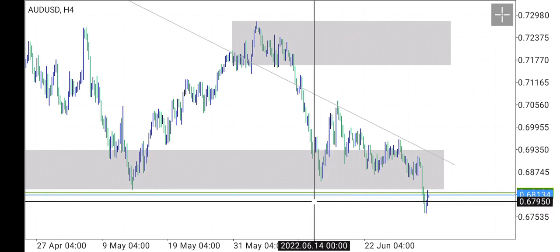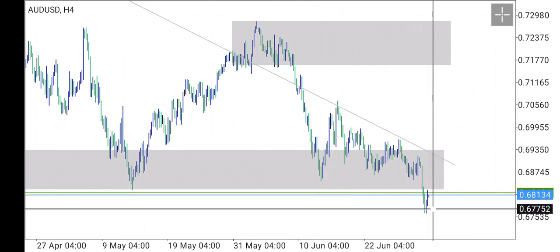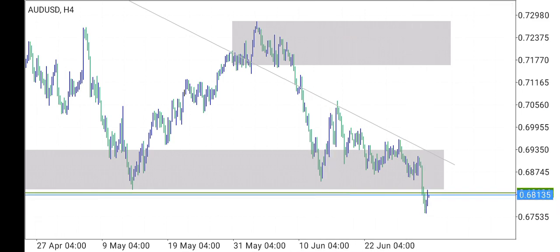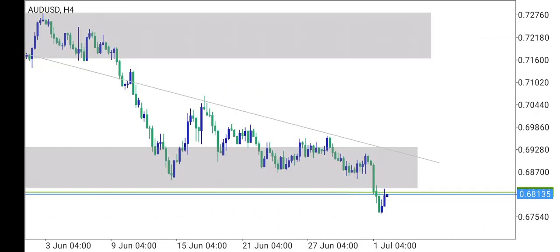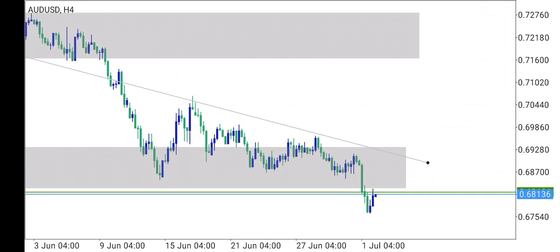Look at it here. Okay, let me remove this. If you watch here, you see how price moved through. That pin bar that you saw was all this movement. Price moved down to our POI, retested it, and is now still going up.